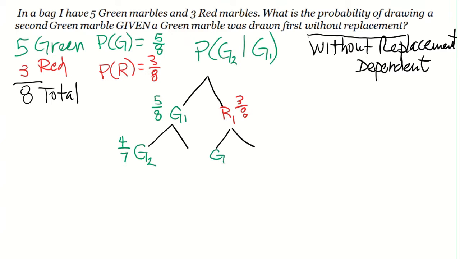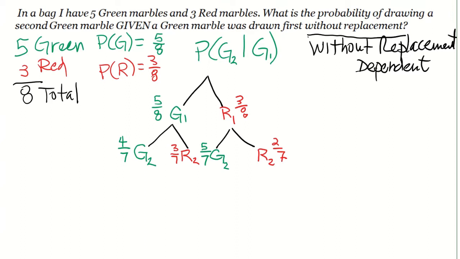If I draw a red, my green is going to be a 5 over 7. If I draw a green, then my probability of drawing a red is going to be 3 out of 7. And if I draw a red first, my probability of drawing a red is going to be 2 out of 7.